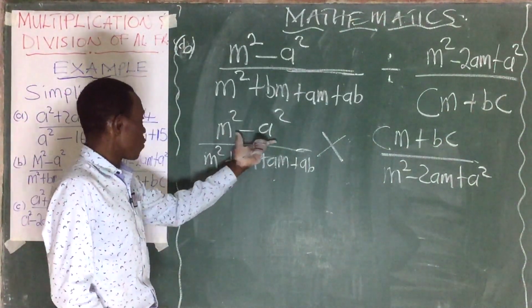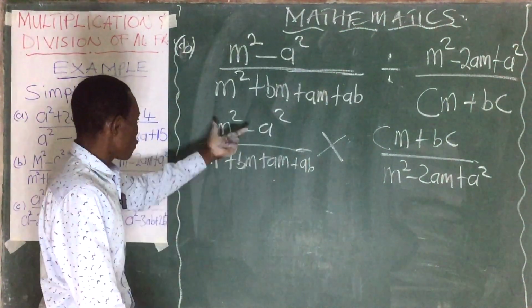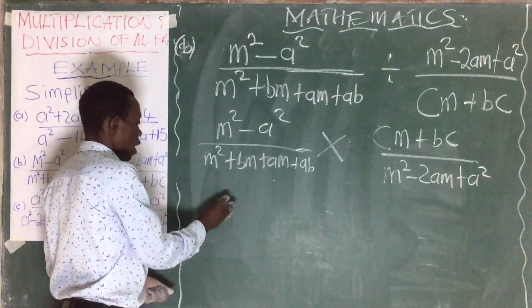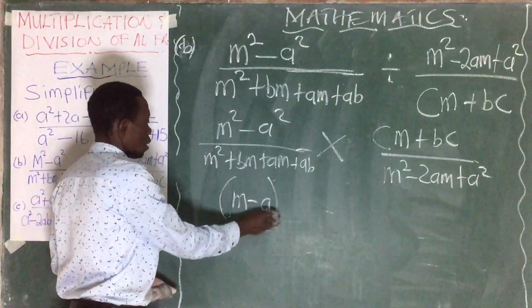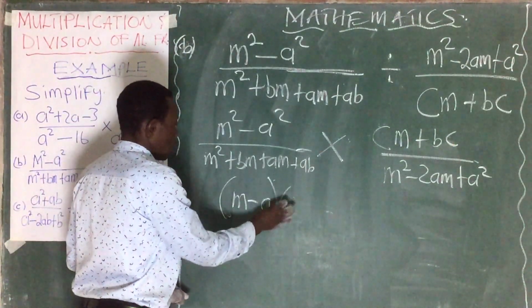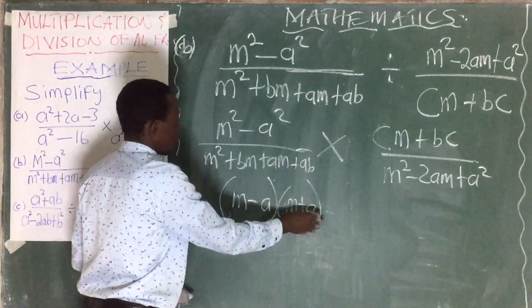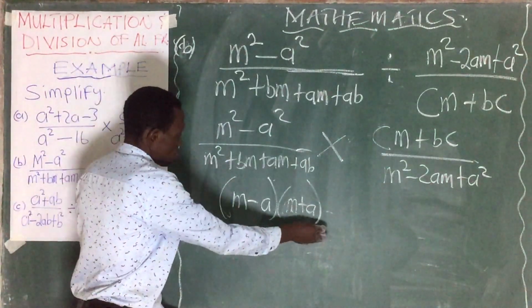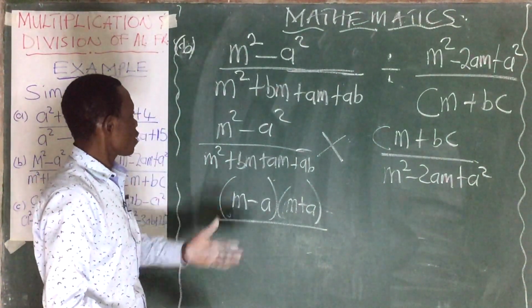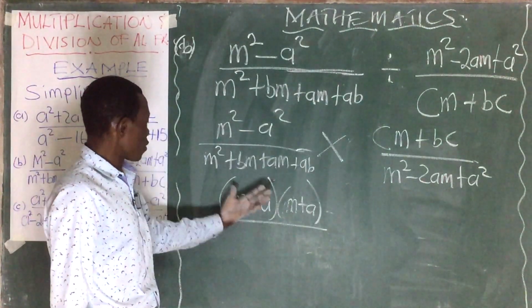You can see here, this is a difference of two squares. So the answer comes in as m minus a and m plus a, if we were to factorize m squared minus a squared. Similarly down here, you just go by grouping.